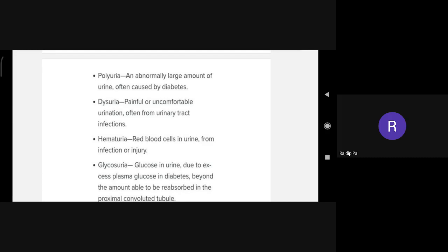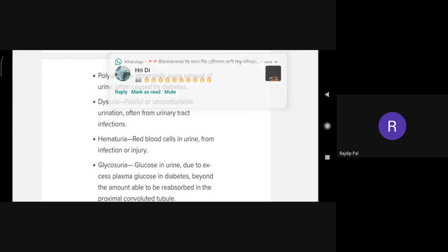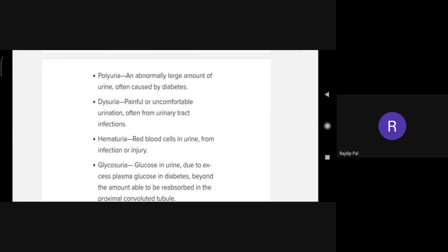Now, next is dysuria, painful or uncomfortable urination, often from urinary tract infection. Next is hematuria. Hem means, now tell me what is the meaning of hem?